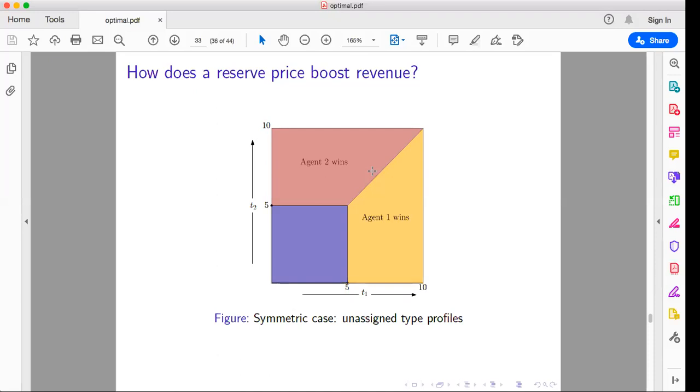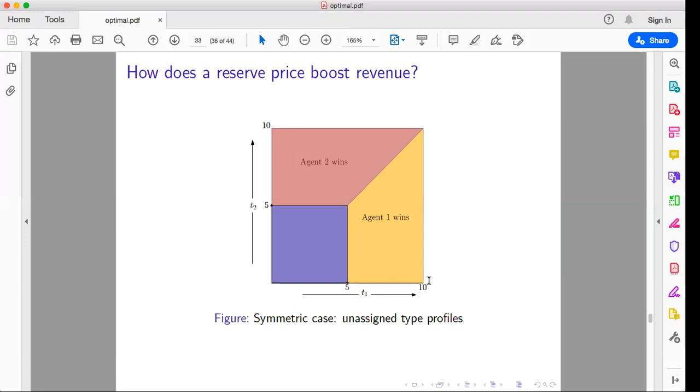As long as T2 is less than or equal to 5, right? Because if T2 is less than or equal to 5, remember in this particular box below, agent 2 is no longer qualified.